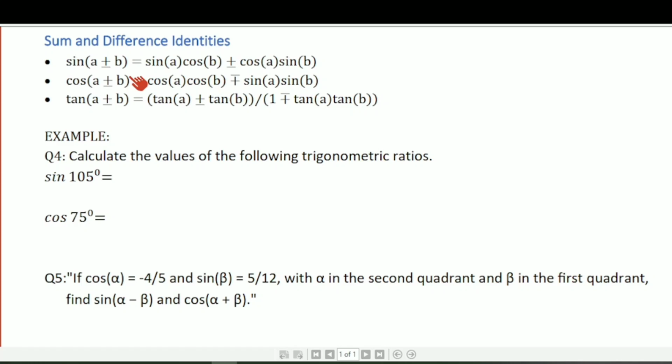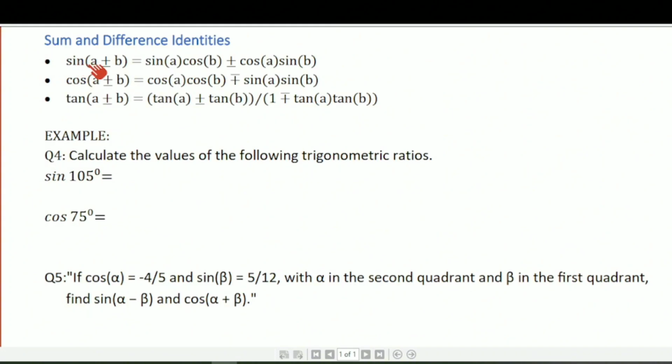If there is a minus, then in the middle of them, it becomes a minus. The sine of the first times the cosine of the second, and then it switches to the cosine of the first times the sine of the second.